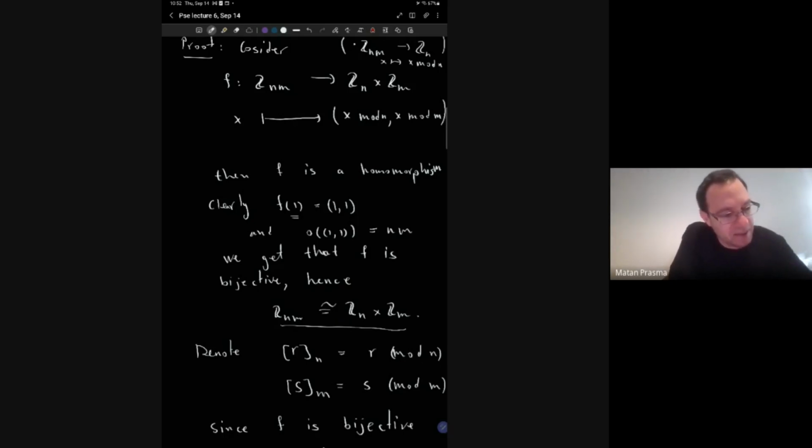All I'm saying is, to see that you have an isomorphism, you need to have a group map that is bijective.